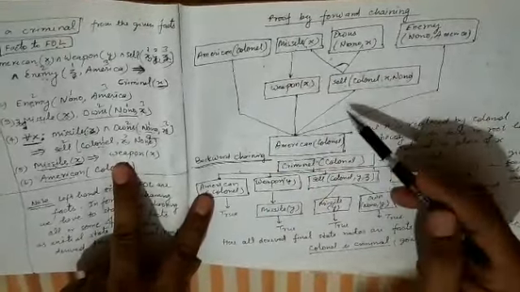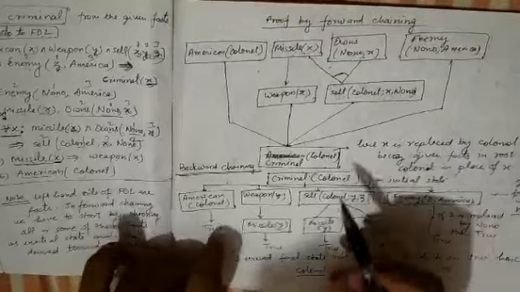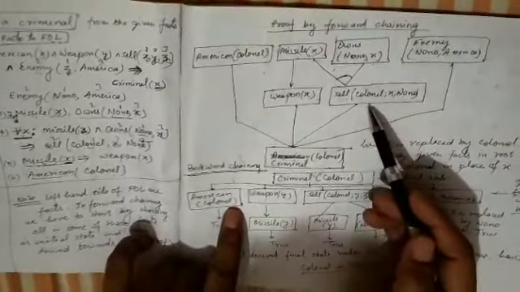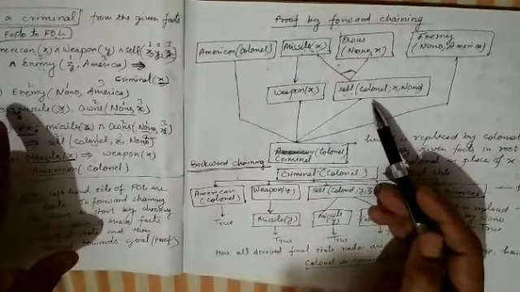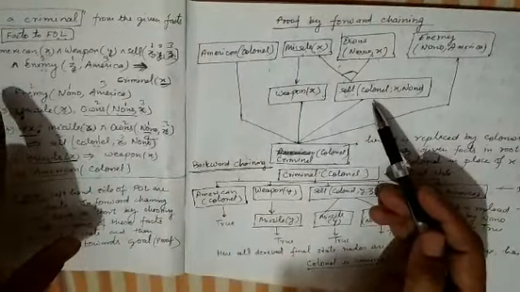Now, these are the facts. If we see inference rule 1, American(X): in place of X we have Colonel, so X will be replaced by Colonel. Weapon(Y): in place of Y we have X, no problem.